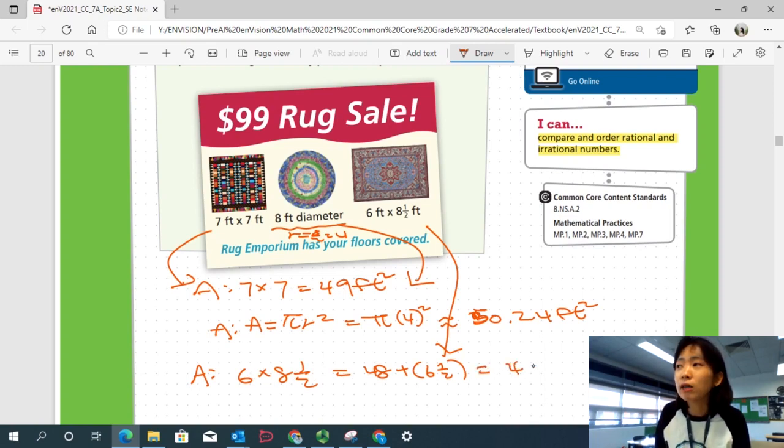Either way it works. So that's plus 3, and that's going to be 51 square feet. And so which area is the greatest? 51. So that's rug 1, 2, 3. You should choose rug 3 if you want to get the rug with the most area.